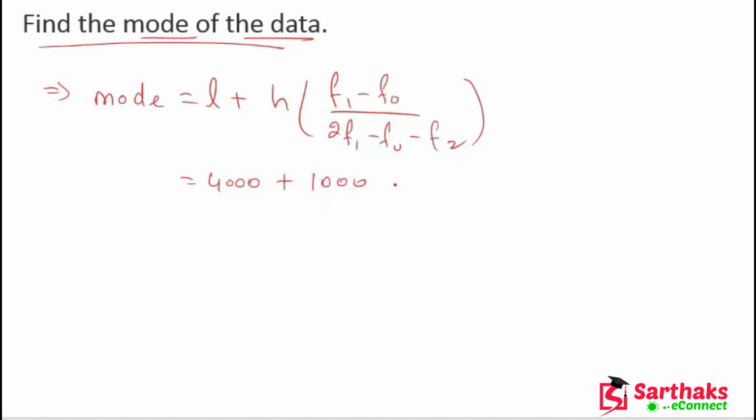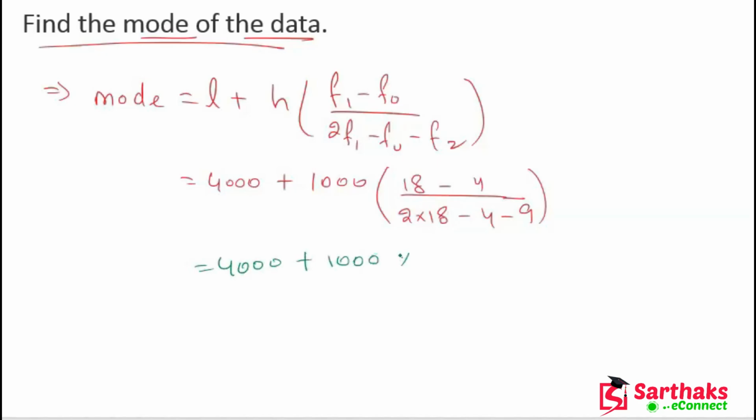And F1 is 18 minus F0 is 4, divided by 2 into 18 minus 4 minus 9. So now this is 4000 plus 1000 multiplied by 18 minus 4 which is 14, divided by 2 into 18 which is 36, minus 13.